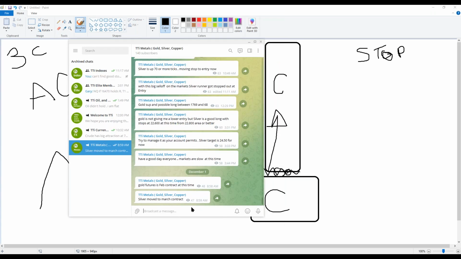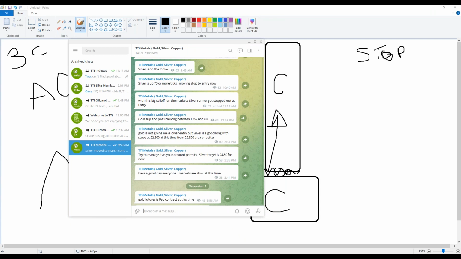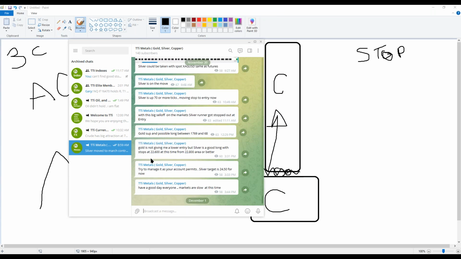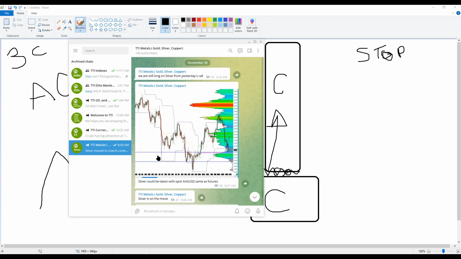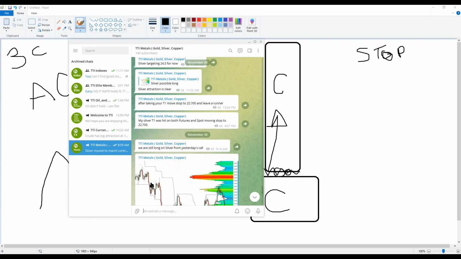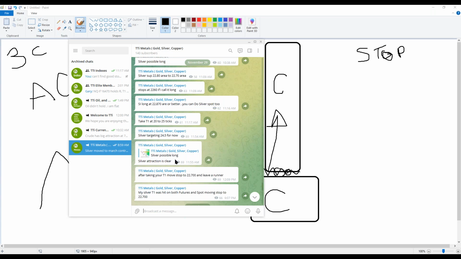For example, just give me an example. Look, this is an example. Stops at 2260 if I call it long.